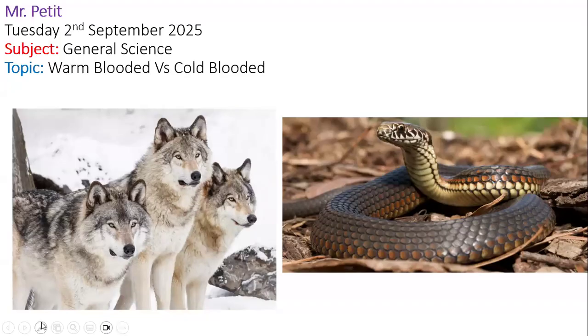So we're saying that the wolves are warm-blooded and the snake is, according to y'all, cold-blooded. So my question is, honestly, what does it mean to be warm-blooded and what does it mean to be cold-blooded?